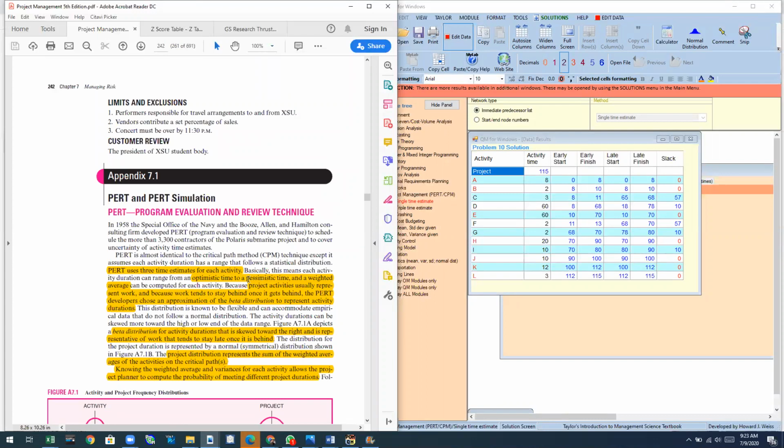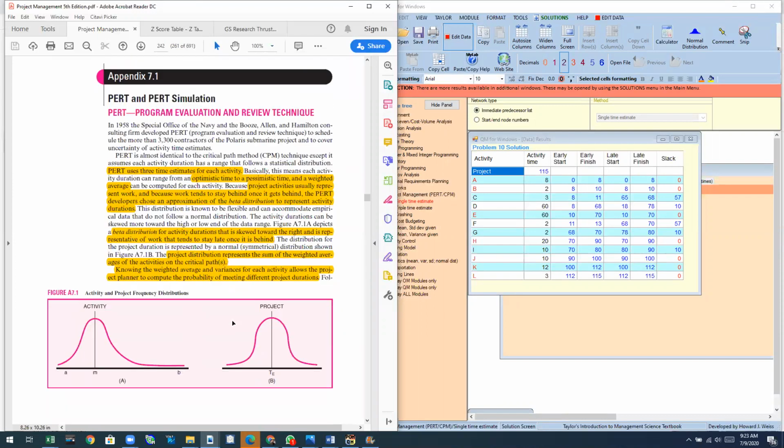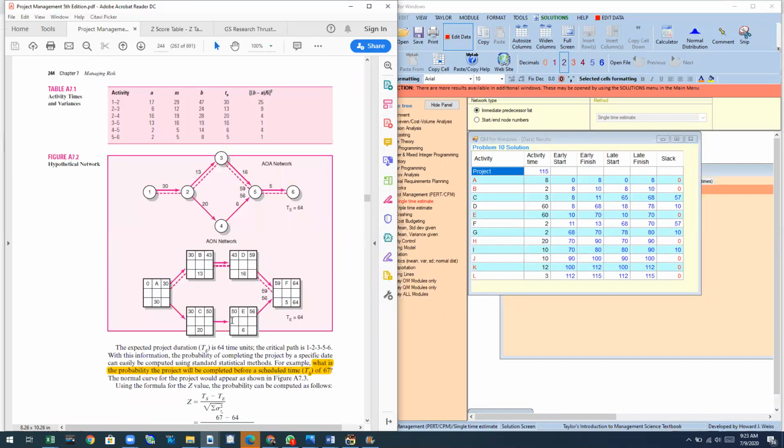Uncertainty means that there is a possibility the project duration could be shorter or it could be longer, etc.